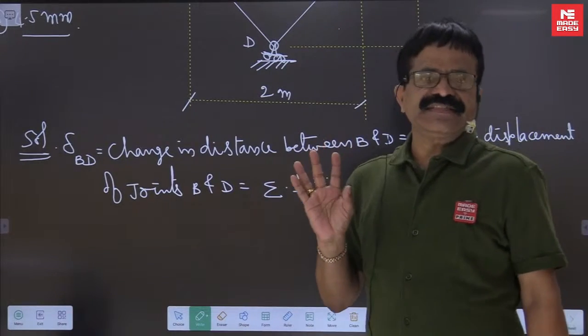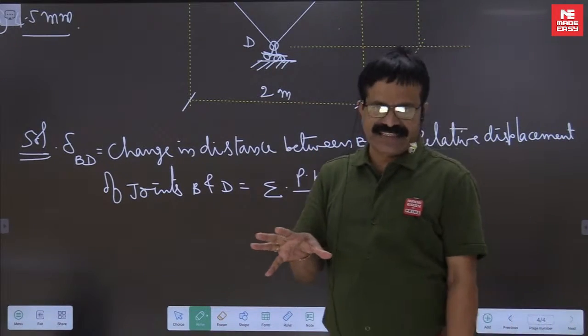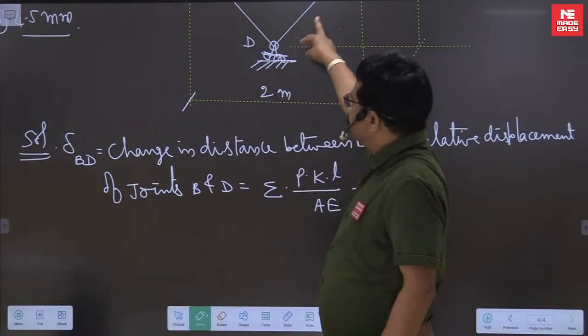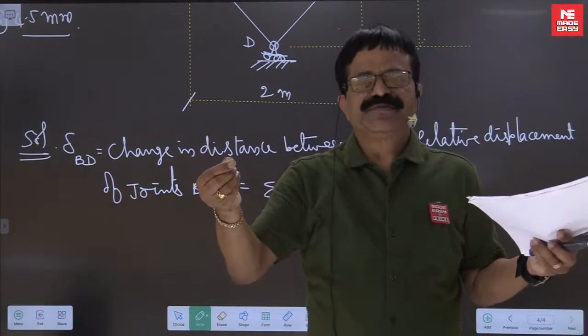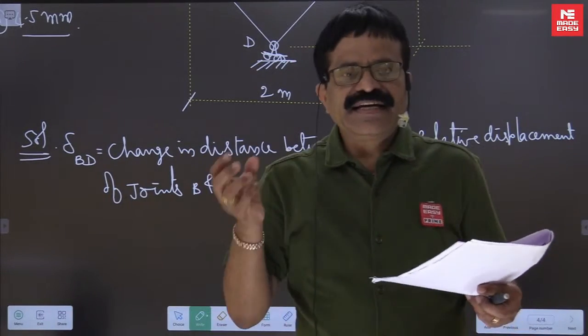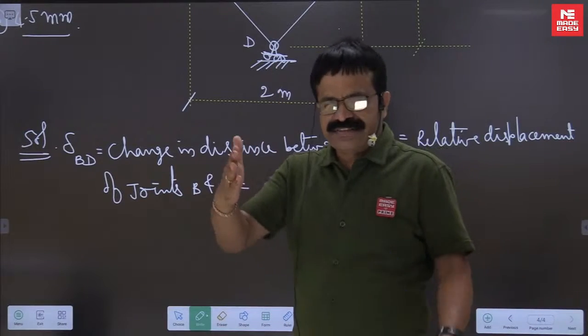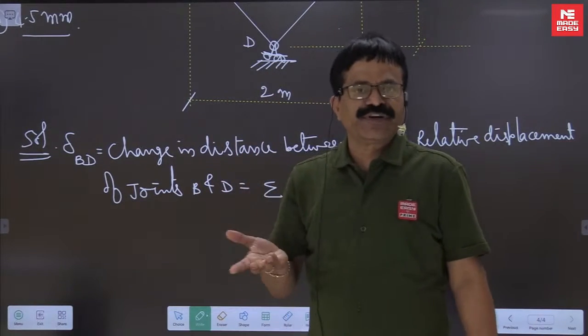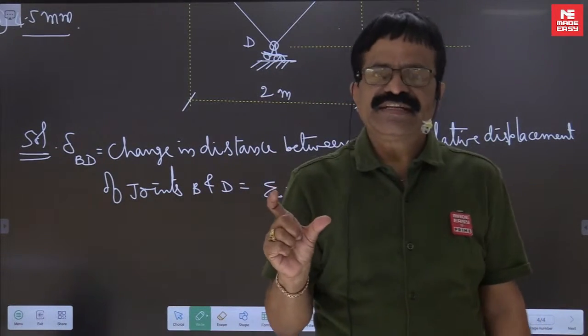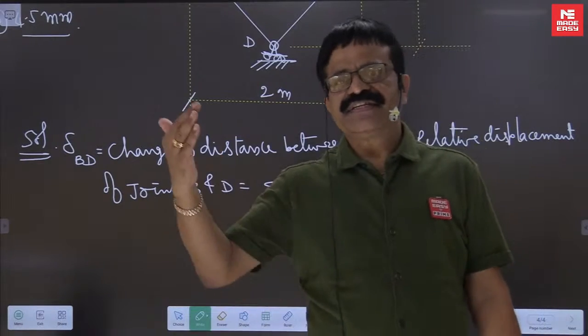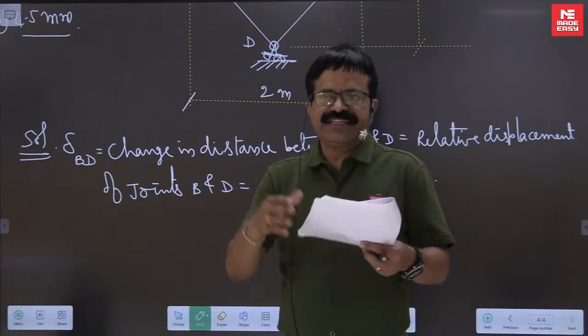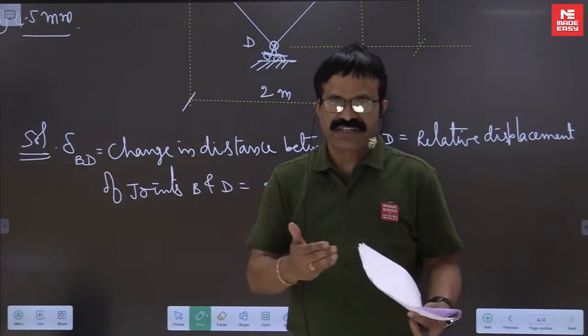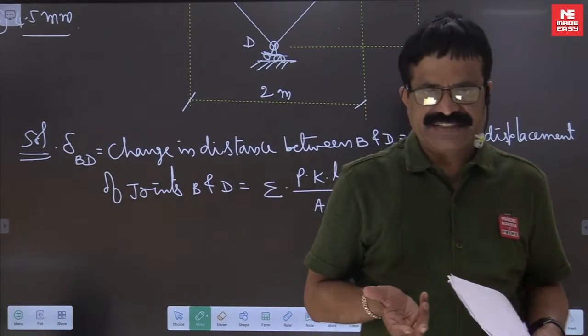Even if temperature changes are not there, fabrication errors may be. That means if the length of a member is supposed to be 2 meters, they are not able to cut it to exactly 2 meters; there is an error of say 3 mm or 4 mm. That can also be taken as the deformation. If a member is too short, take it as contraction.